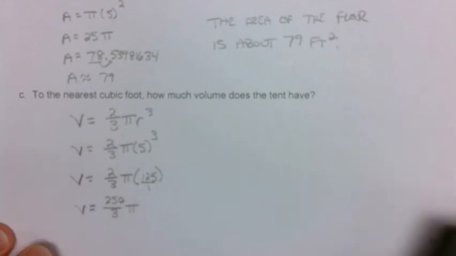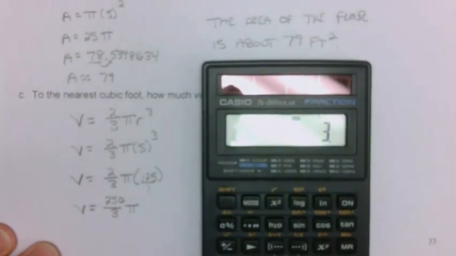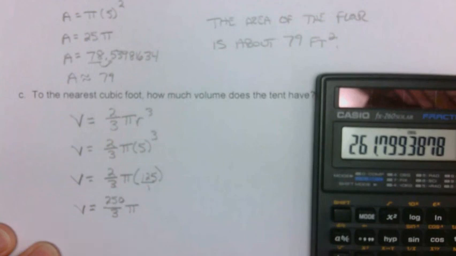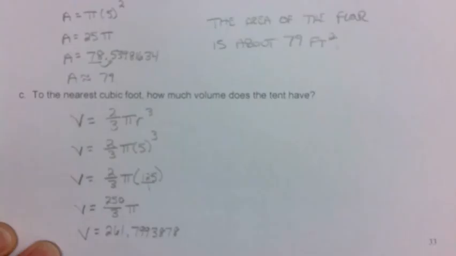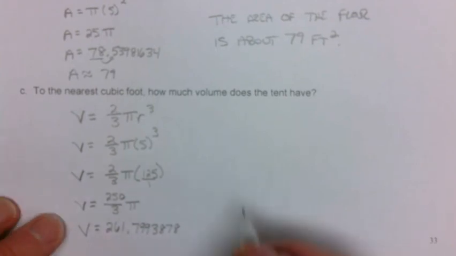So now since they want us to round, I'm going to actually calculate this. 250 divided by 3, and then times pi. And there is my decimal. Let's write that down. V equals 261.7993878. And then they said they wanted to the nearest cubic foot.